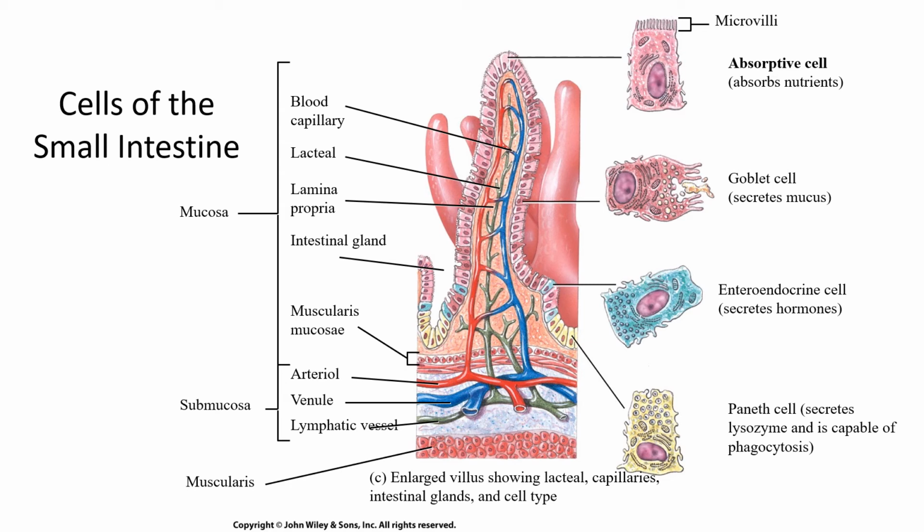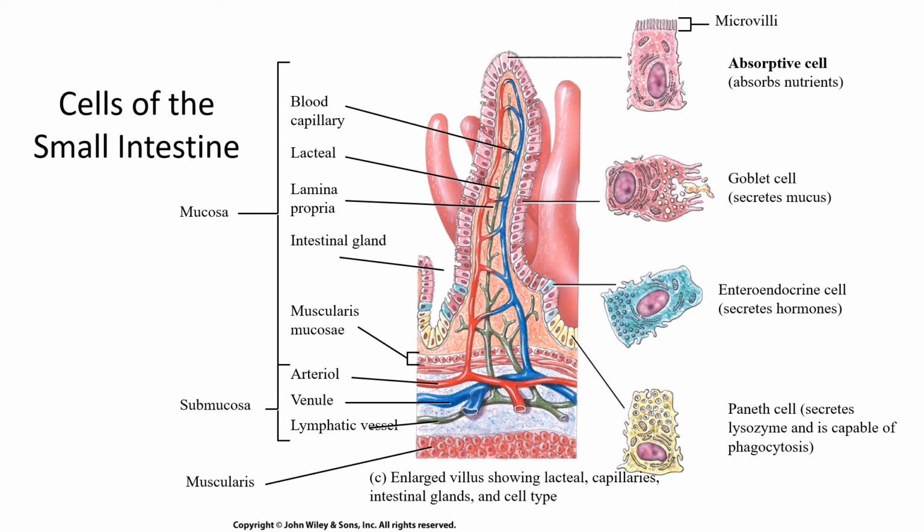We have some specialized cells as well. So we have absorptive cells that are absorbing nutrients, and they have microvilli along the top to increase their surface area. We have goblet cells, which are fairly large cells. You may have a chance to see these in the lab, and they're quite distinctive, and they secrete mucus. We have enteroendocrine cells, which produce hormones that stimulate digestion.